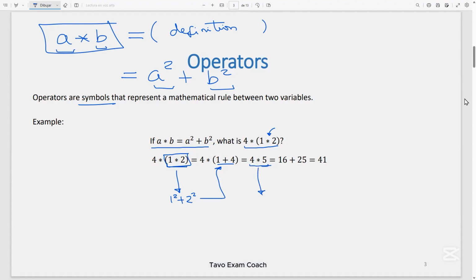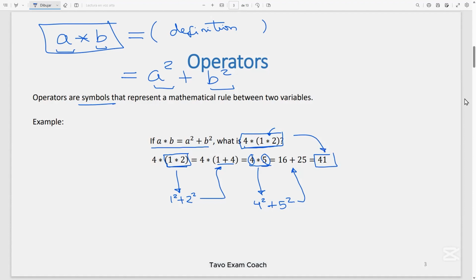As per the definition, 4 asterisk 5 would be 4 squared plus 5 squared. We substitute each of these values wherever A and B appear correspondingly, and then we operate. This is 16 plus 25, which in the end yields 41. So the result of this sequence of operations is the number 41.